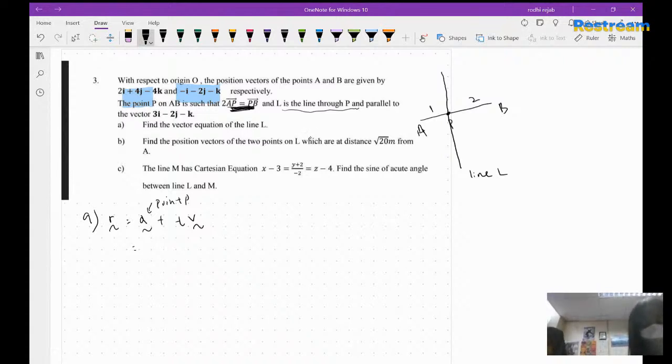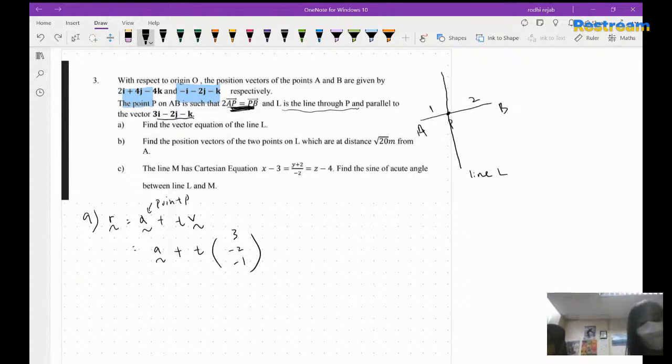And V is the vector parallel to line L, which is also given in the question already: 3, -2, and -1.